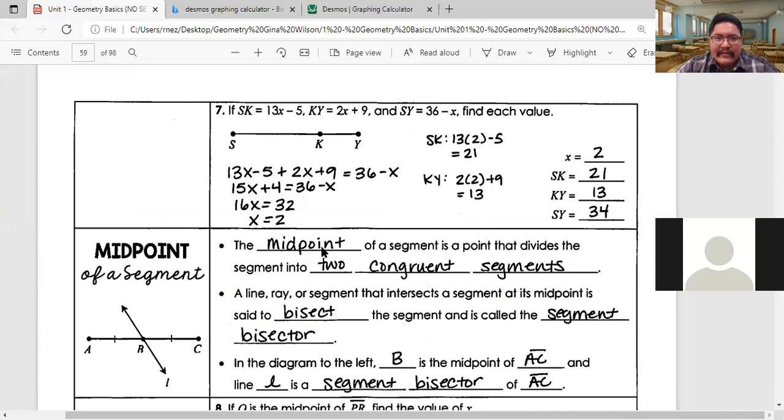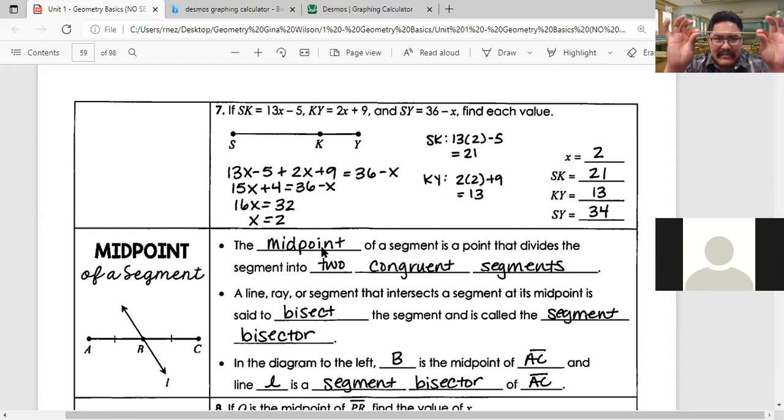The midpoint of a segment is a point that divides the segment into 2 congruent segments. So for this one here, I'm going to use a bit of a visual aid. I'll use my scissors. I like to keep one of my scissors clean in case I have to open food.